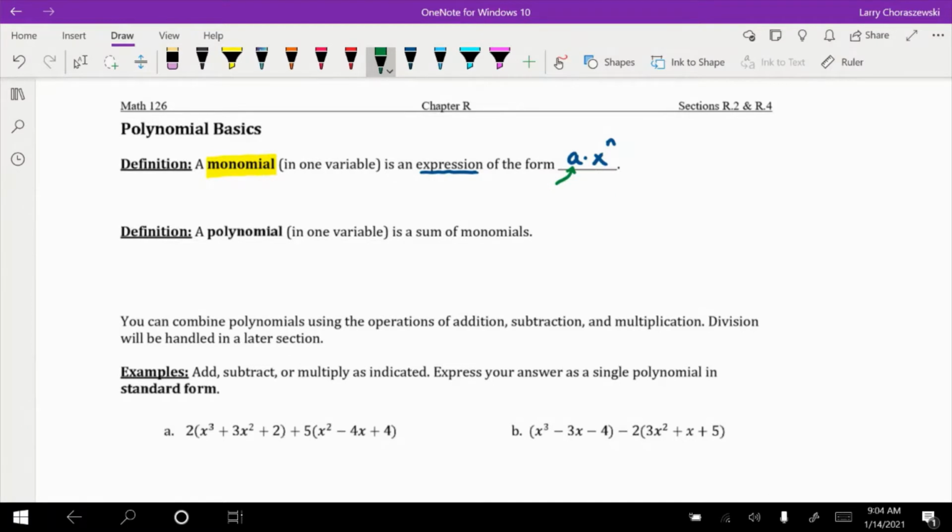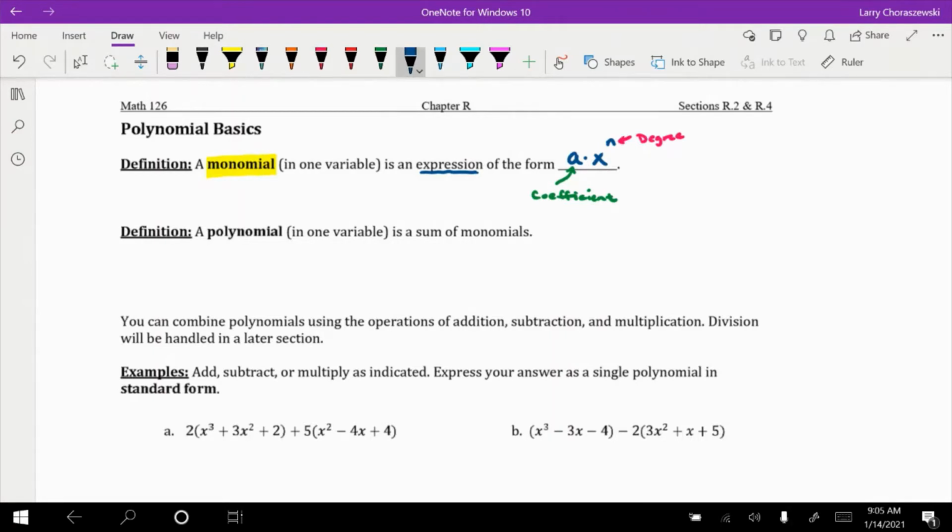In this context, it's referred to as the coefficient. And in the context of monomials or polynomials, the n gets a special name as well. It's known as the degree. So that would be the degree of the monomial.